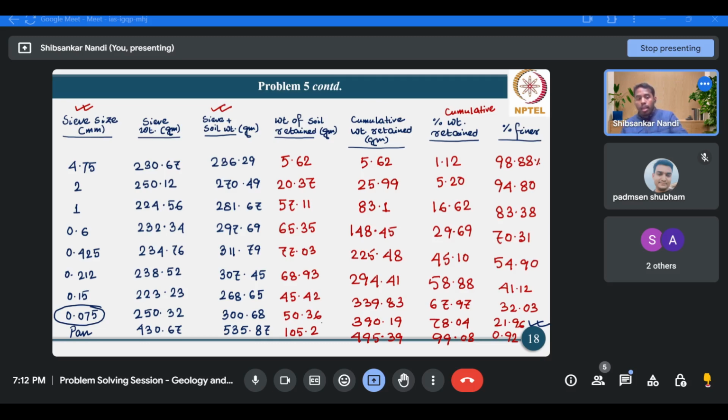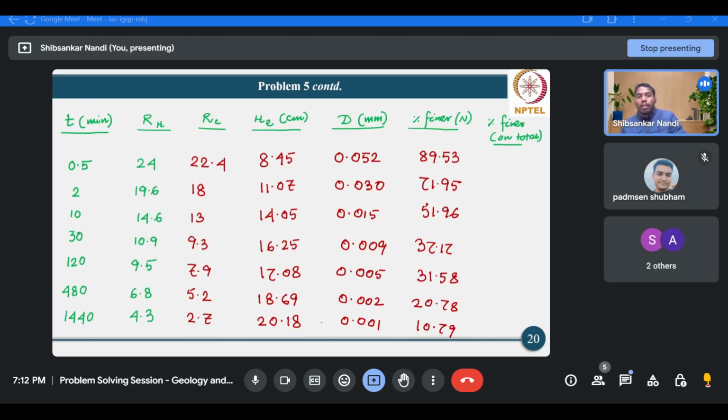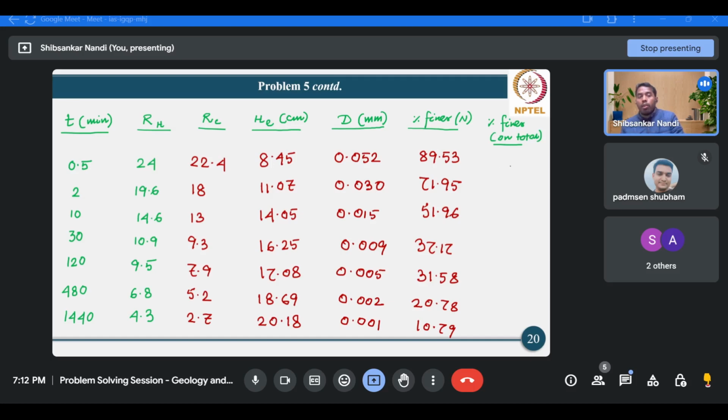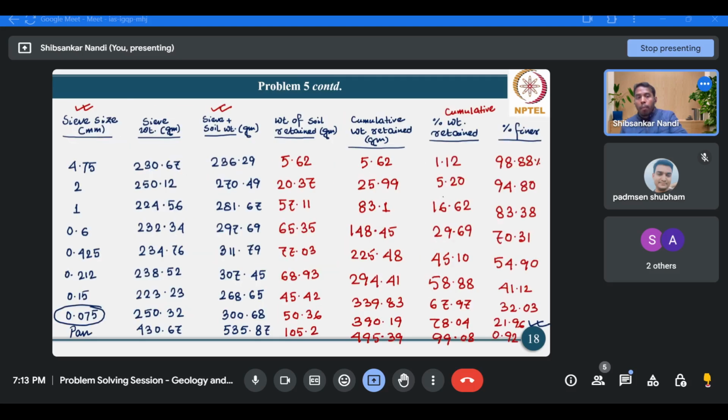So you have to multiply this N with the 21.96 to get the percentage finer on the total basis.